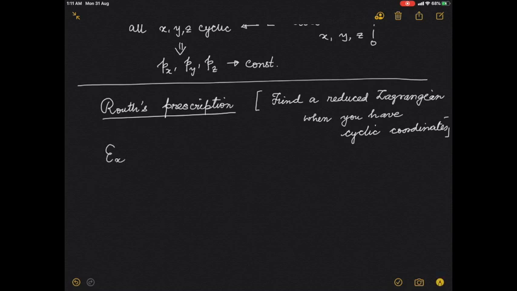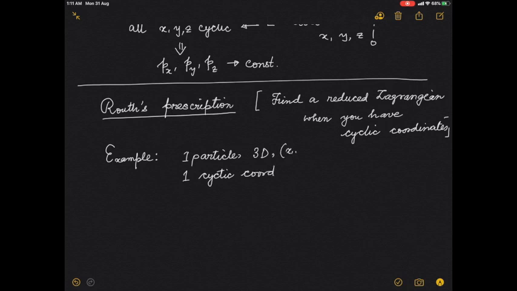And I will explain this with an example. The example is one particle, three-dimensional motion, one cyclic coordinate. So I call these coordinates x1, x2, x3, and the cyclic one is x3.